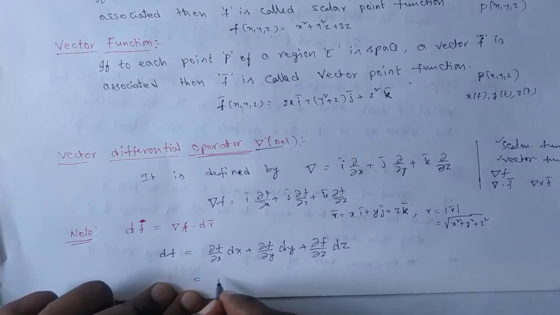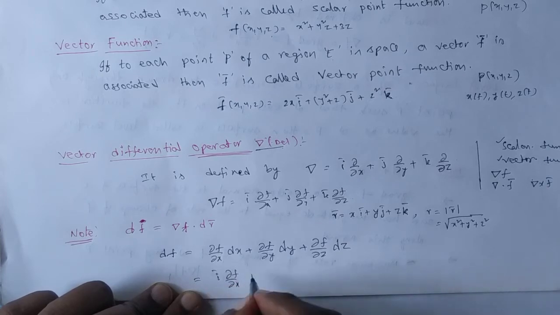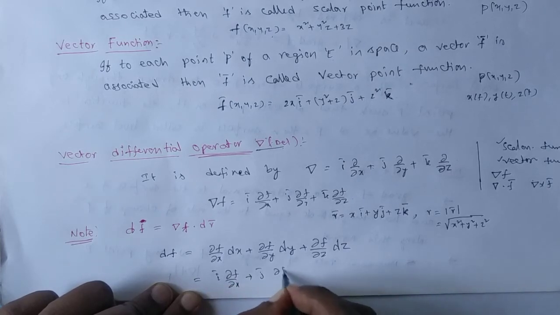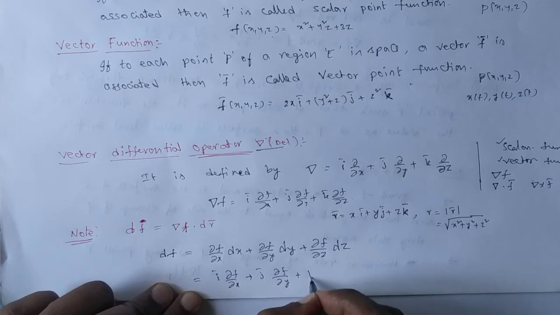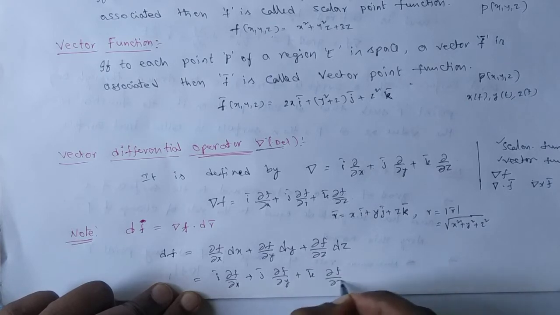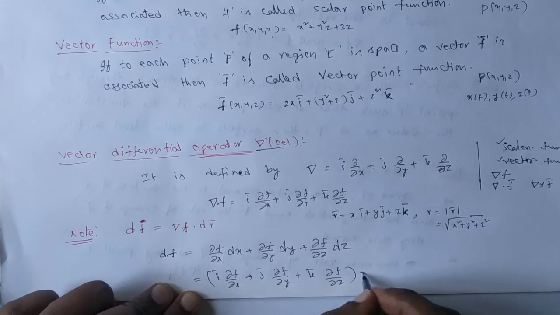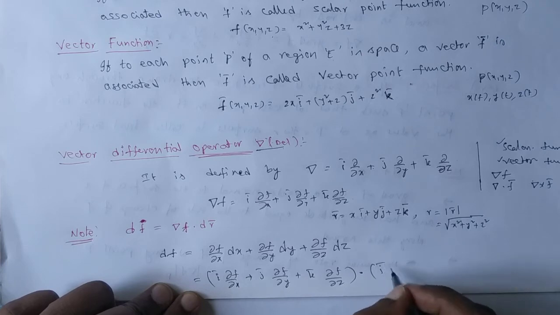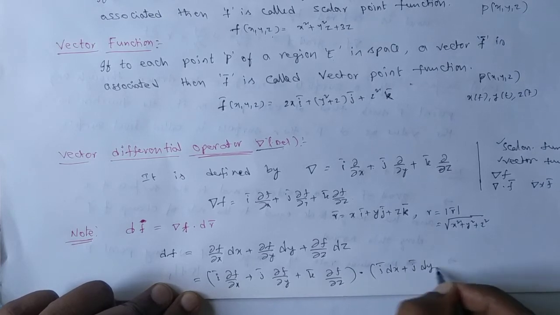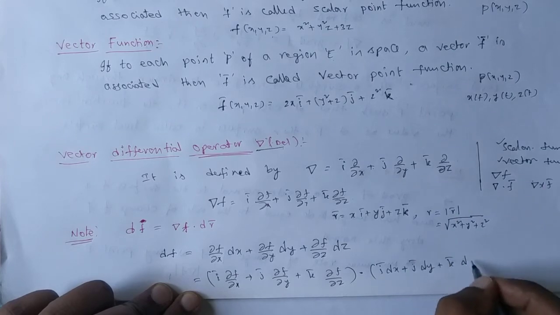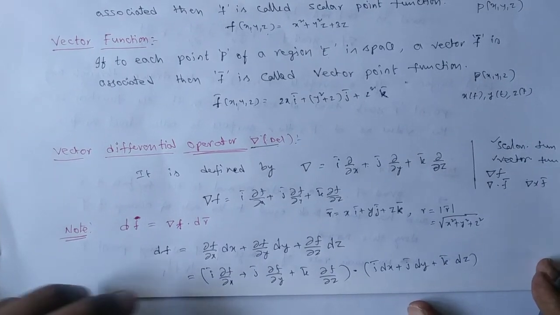Those two vectors I am writing like this: i bar into dou f by dou x plus j bar into dou f by dou y plus k bar into dou f by dou z, dot i bar into dx plus j bar into dy plus k bar into dz. Can I write it so?